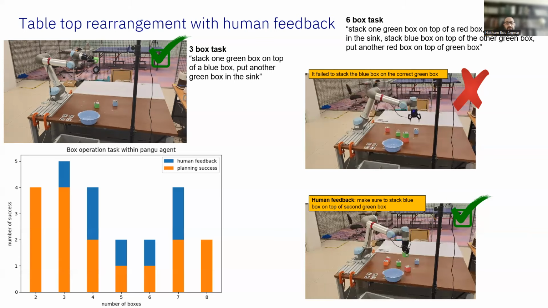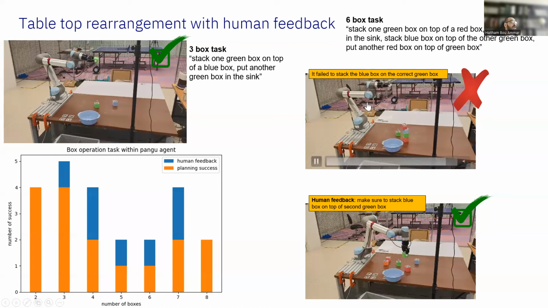But now, because the robot failed, I want you to be able to give it some feedback. Because I don't want, as an engineer, to come back and say, you know what, I'm going to write a reward function for you. No, I want you to be able to give it language feedback, and then I would like the model to replan. So here's the human feedback we gave. For example, we say here, make sure to stack the blue box on top of the second green box.